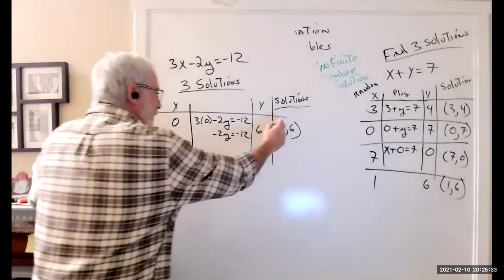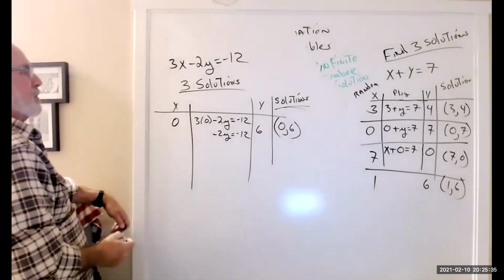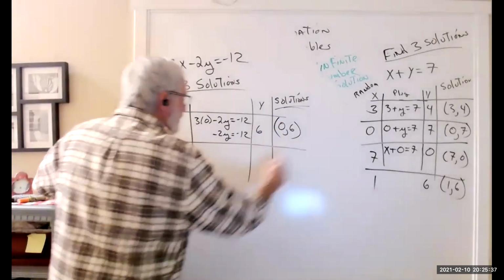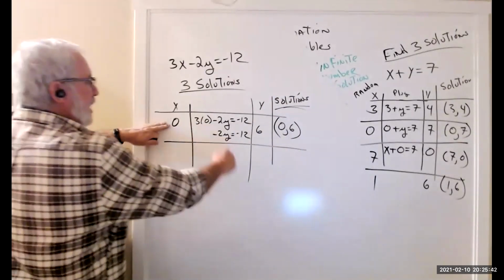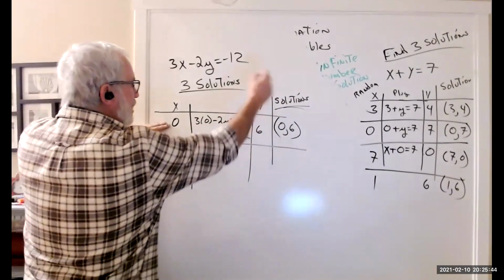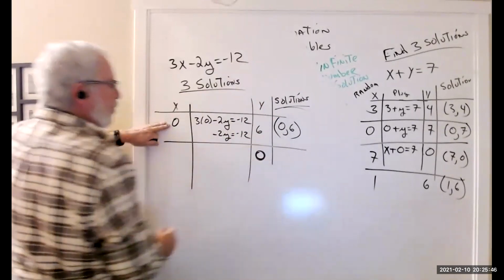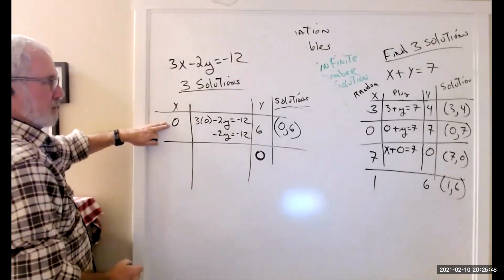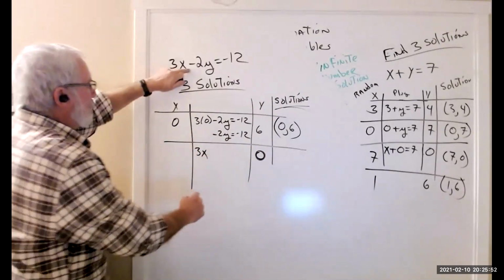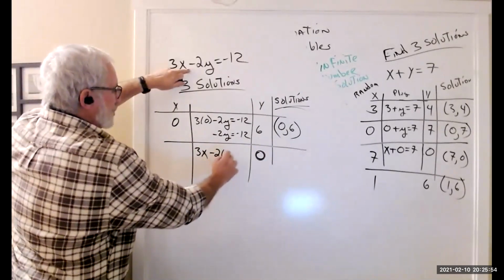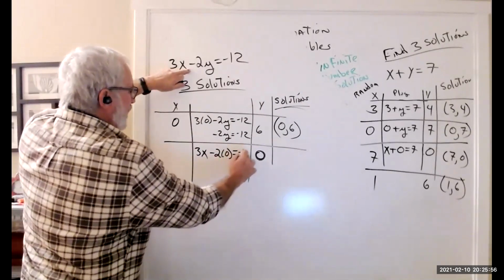Okay, ordered pair. Now, another solution, again, following my own advice, we picked 0 for x, I plugged it in, got a y value. Now I want to pick 0 for y, plug it in. So that's 3 times x minus 2 times 0 equals negative 12.